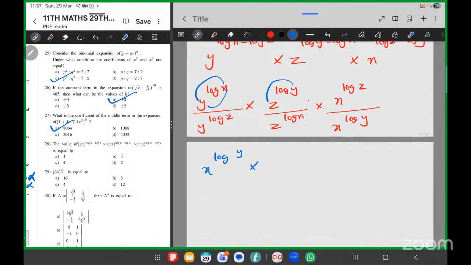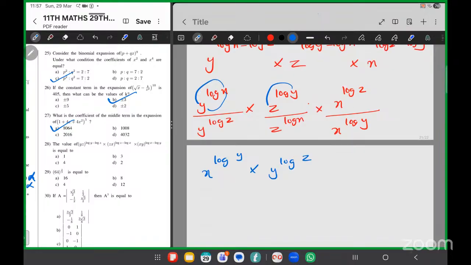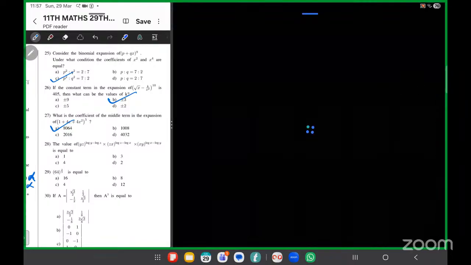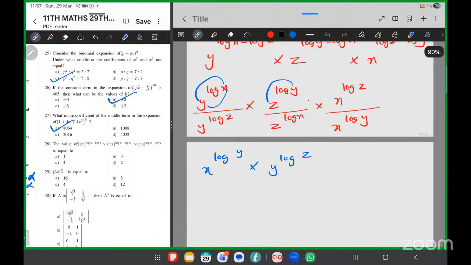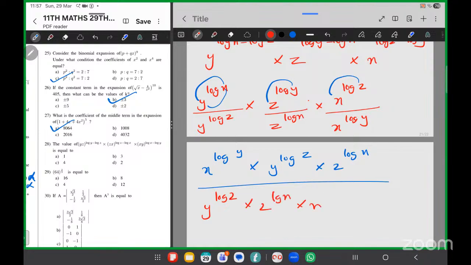So y raised to log z will come. This also we can exchange. So z raised to log x will come, divided by already y raised to log z is there, z raised to log x is there, x raised to log y is there. We are using the same property, cut, cut, cut, cut. What will the answer be? 1 will come. Option A.